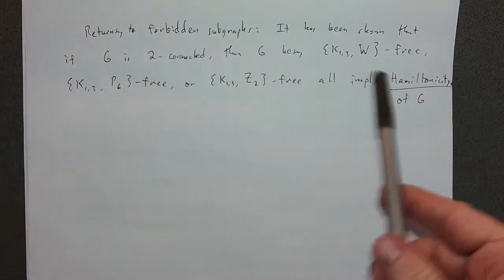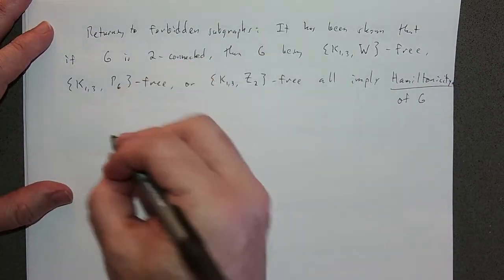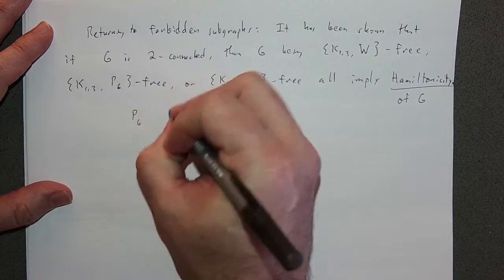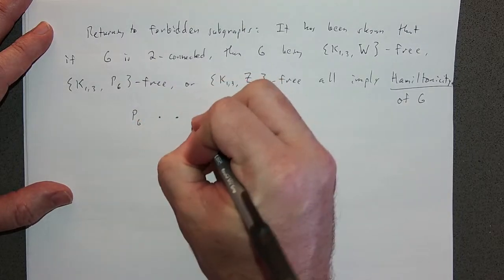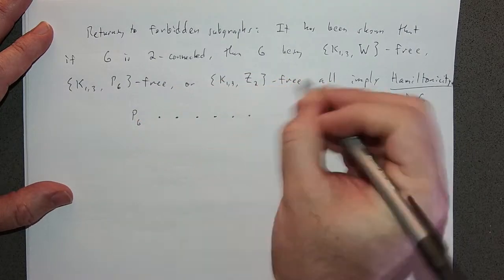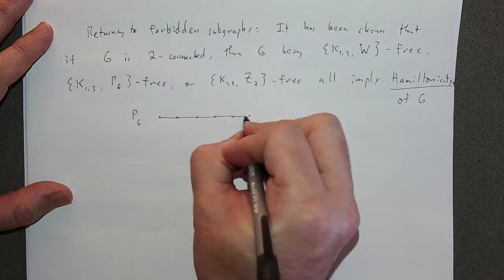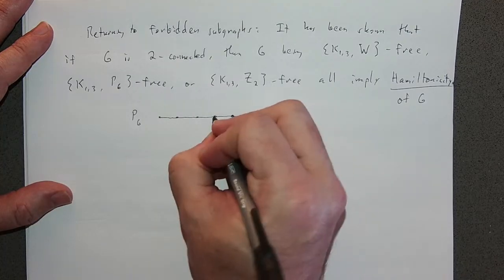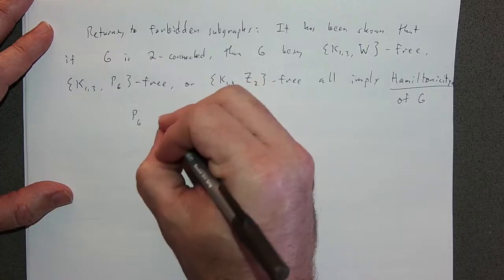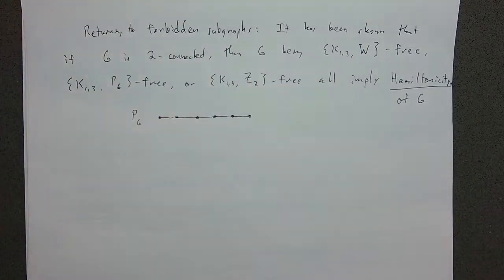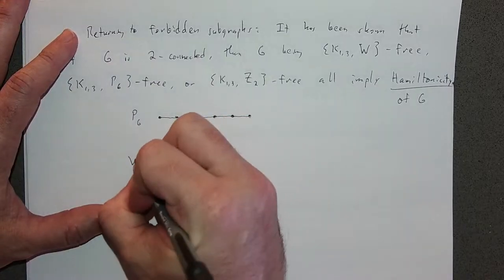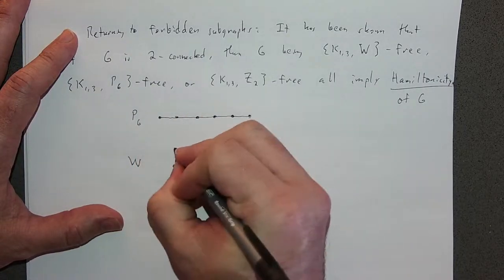You know what the path on 6 vertices looks like, right? There it is. What is W? W is this graph.